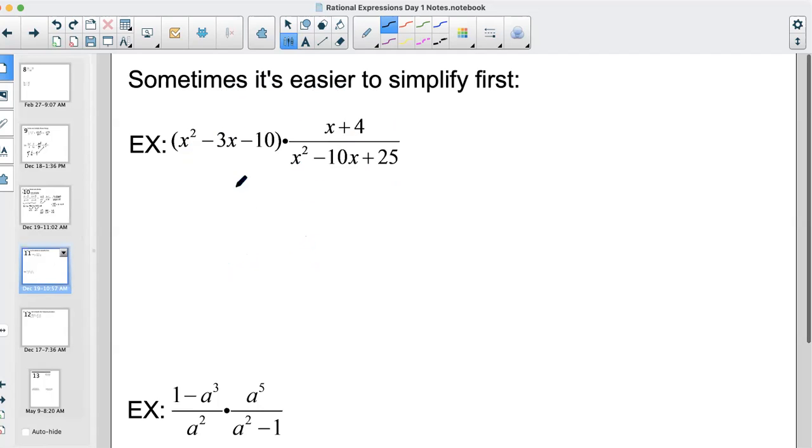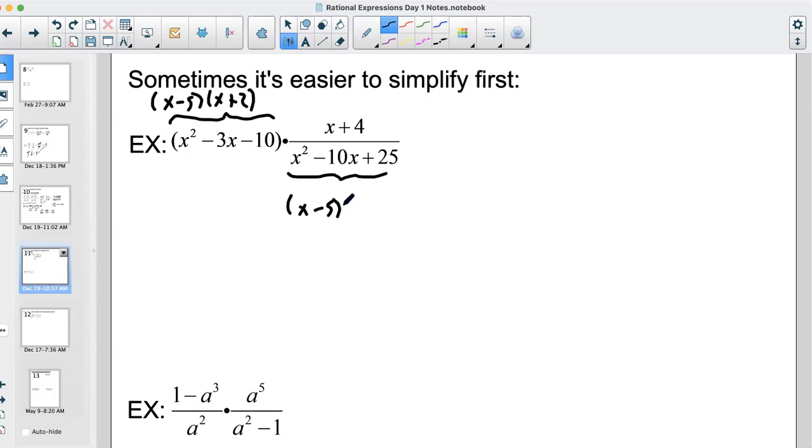So for example, I see this quadratic expression here, and I see the quadratic expression here, and I'm like, maybe I can factor these before I multiply. And you can. This one factors as x minus 5 and x plus 2, and this one factors as 2 times x minus 5.